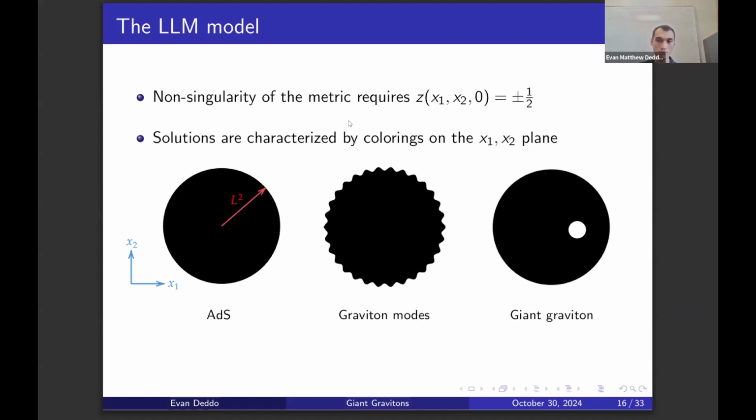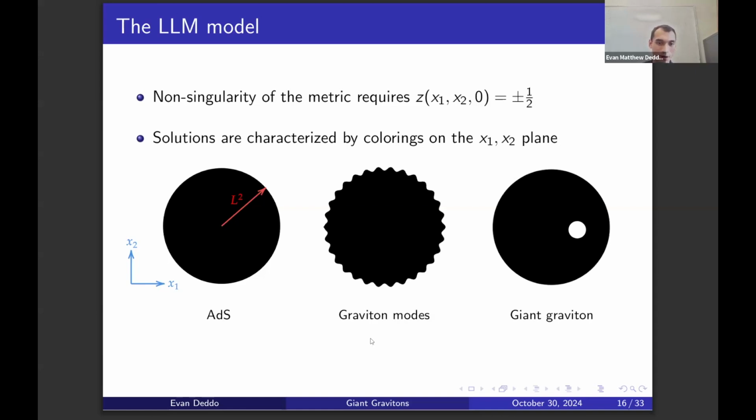So in this way, we can think about the boundary conditions that describe the geometry as being characterized by colorings on the x1 x2 plane, where plus a half corresponds to the white region, and minus a half corresponds to the black region.